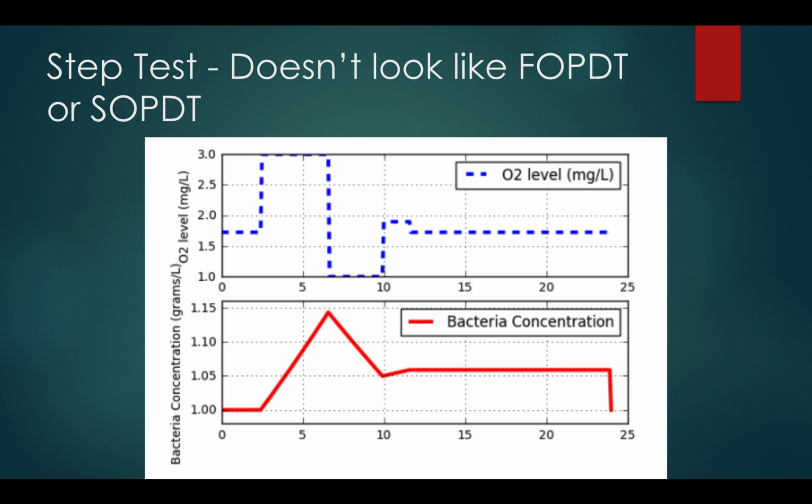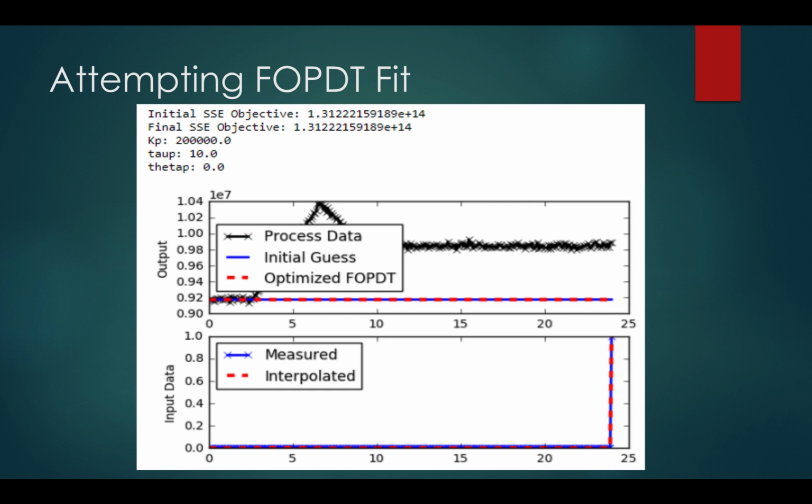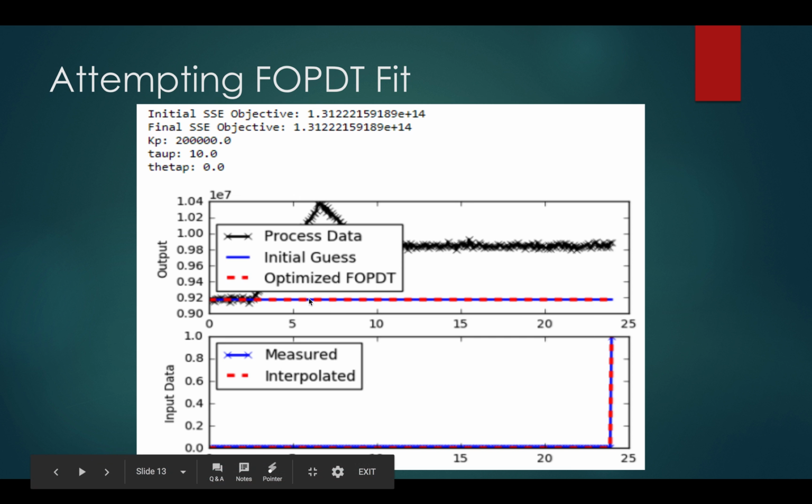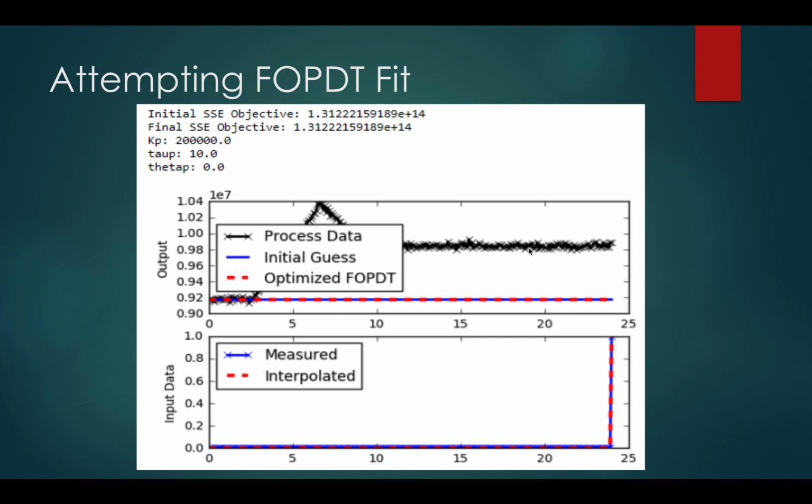You can see that when we put in 1.75 at the beginning and end, you have completely different bacteria concentration. So we attempted an FOPDT fit anyway, just to see what would happen, and we tried to optimize it, and it didn't work at all. You can see down here, the model was not able to be fit with an FOPDT.